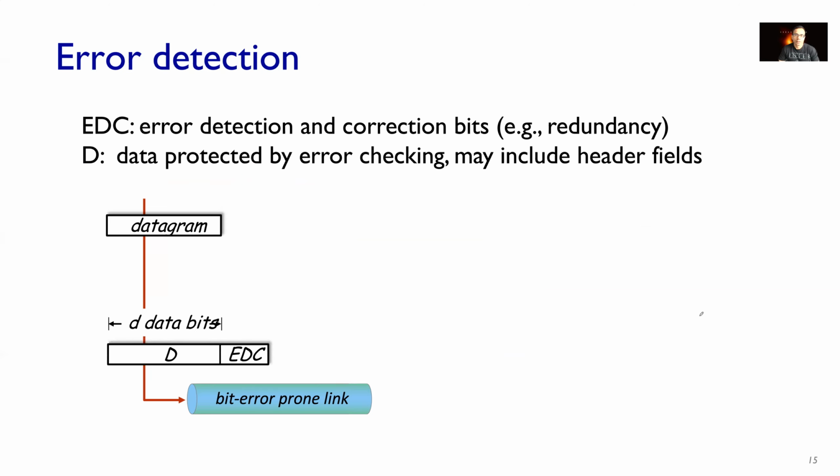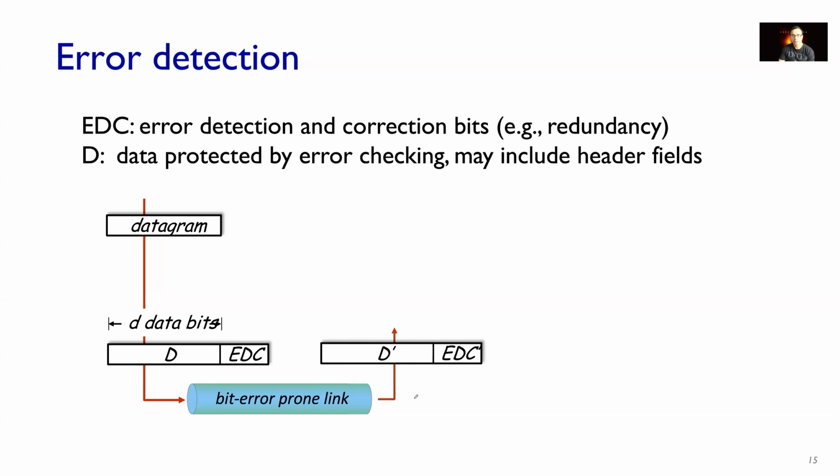The only way you can do error detection and correction is by adding some extra redundancy, indicated by EDC. These are some additional bits that we add, and then we send this combination of D and EDC out.